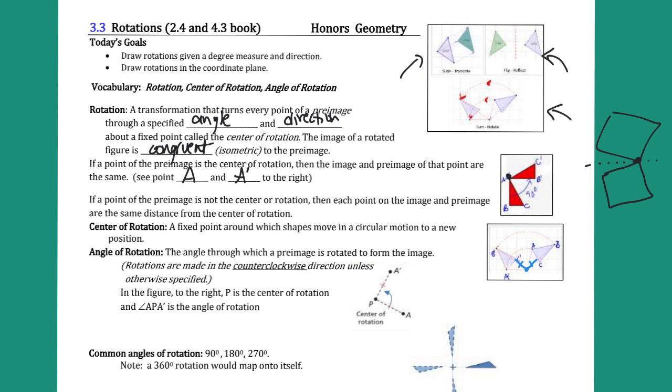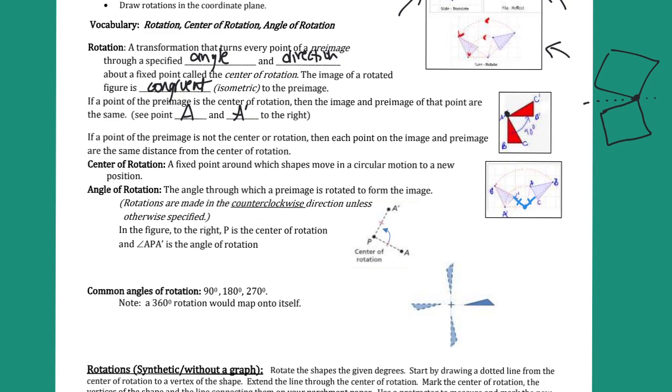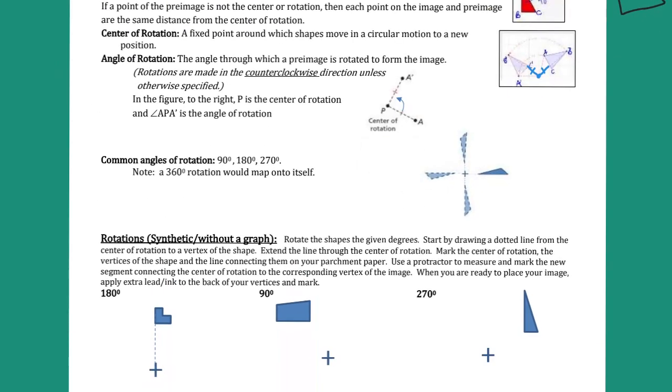The next thing we're going to talk about is the common rotation spots. Assume that we start here, because this is going to be our pre-image, and we know that because, in my opinion, it's darkened. If we rotate it counterclockwise, this would be 90 degrees.